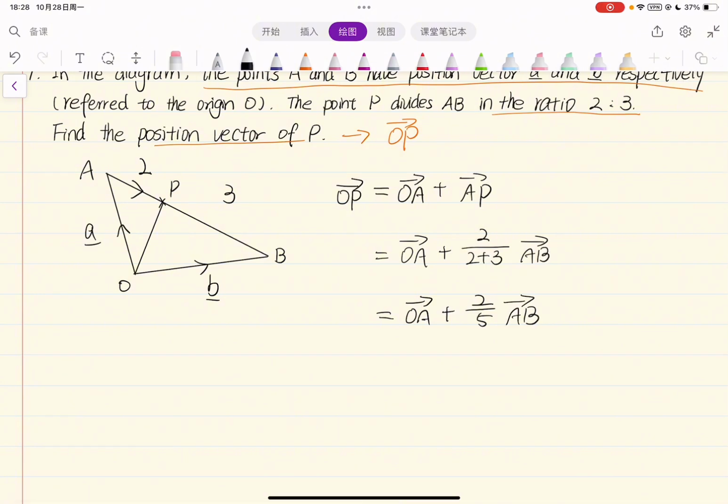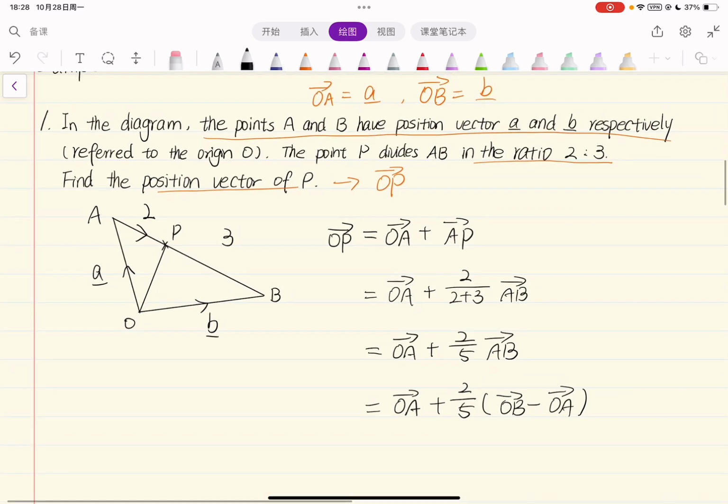And we know that the vector AB equals the vector OB minus the vector OA. So we write down the vector OA plus 2 over 5 times the vector OB minus the vector OA.